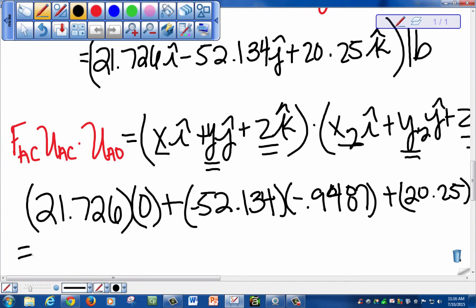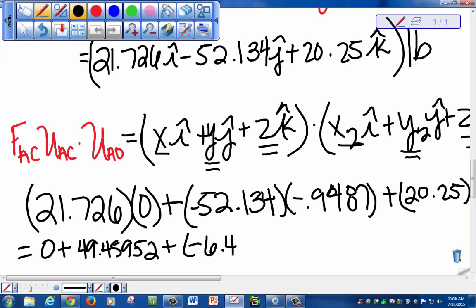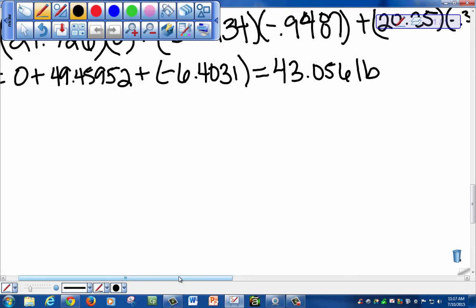So this should all give me 0 plus 49.45952 plus a negative 6.4031. What's this all give me? 43.056 pounds. We're on our last step.